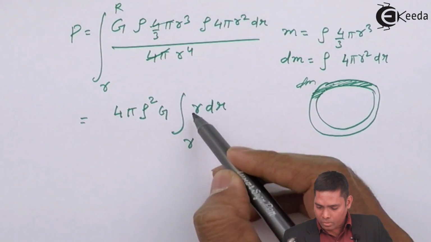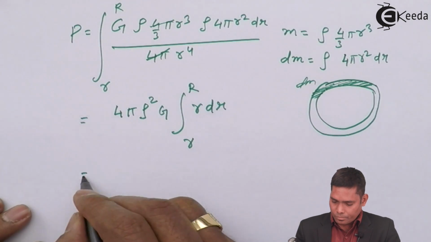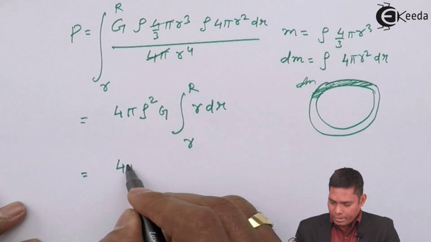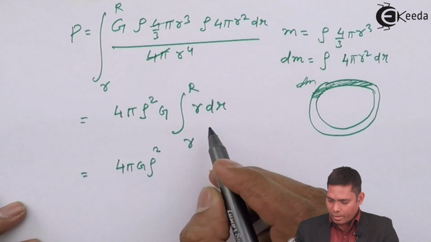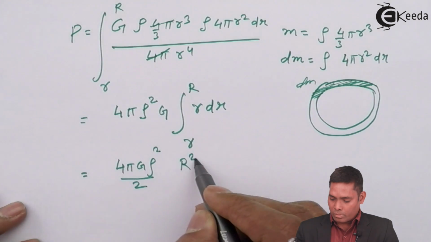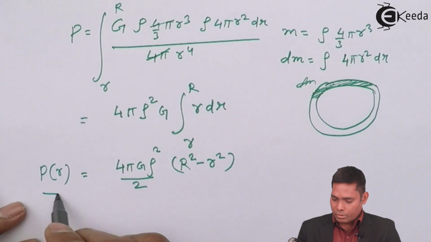This is the integral from r to R. Now this will give 4 pi G rho square times R square by 2 minus r square by 2. This is the value of P as a function of r.